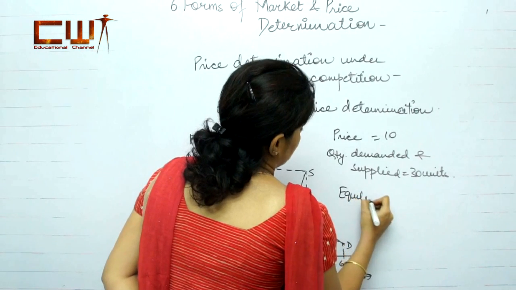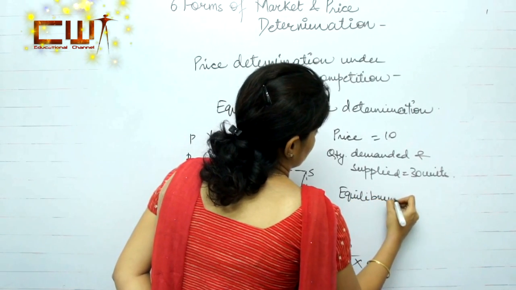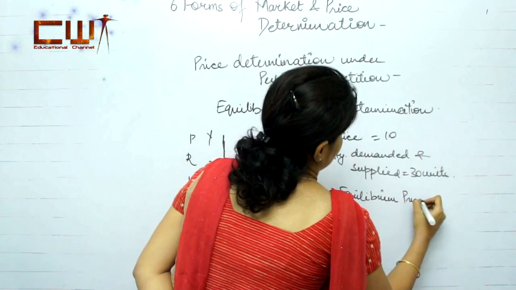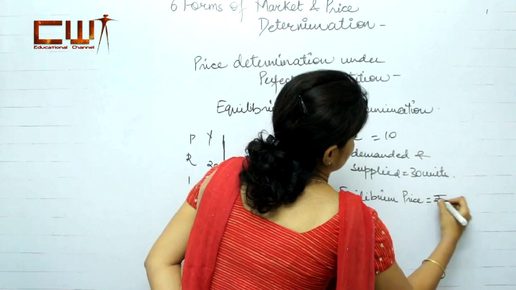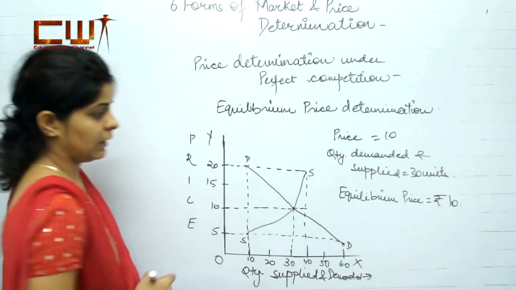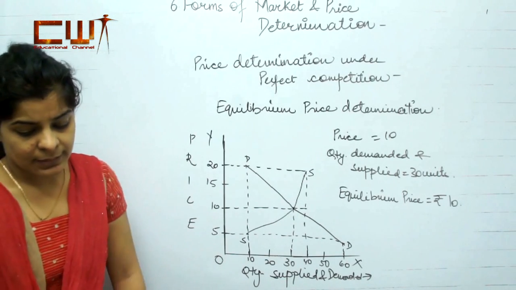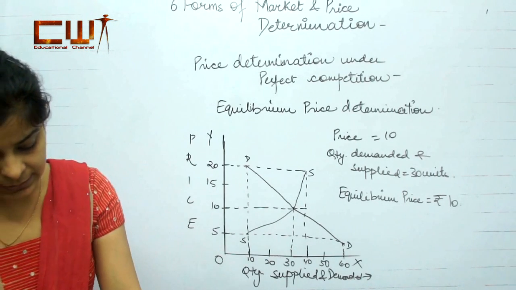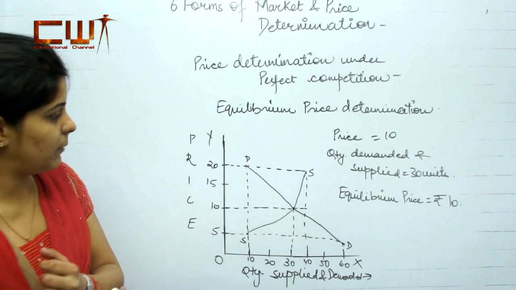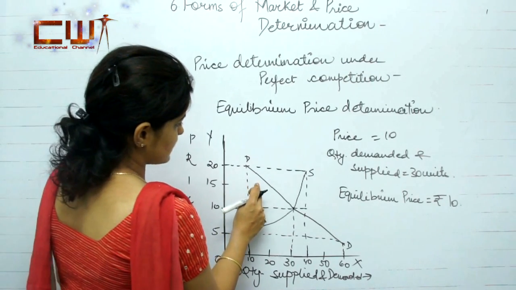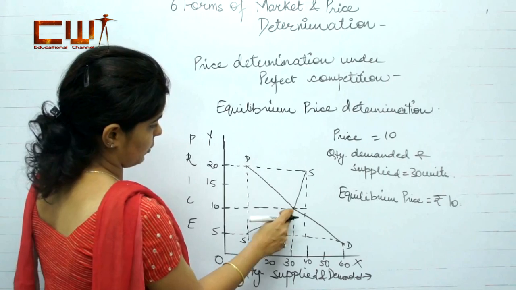So the equilibrium price is rupees 10. This is how you will determine the equilibrium price. See, at this stage, it is equilibrium.